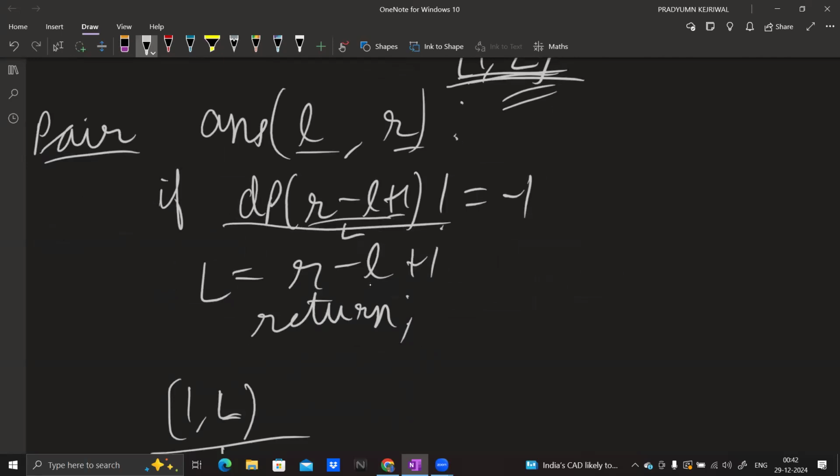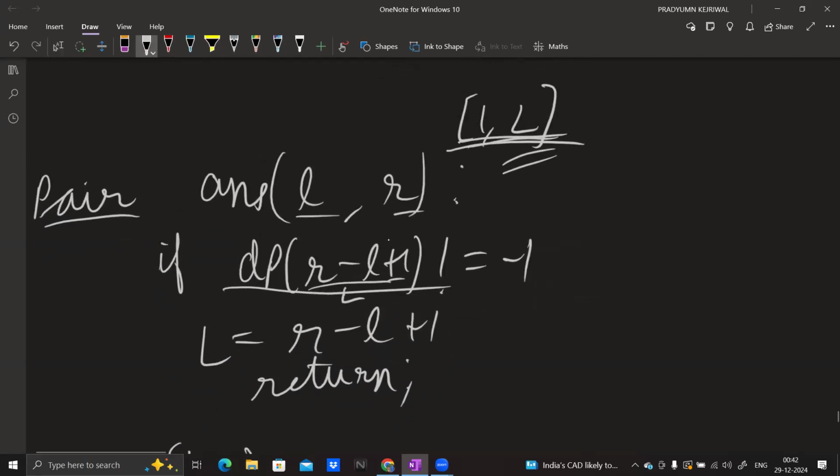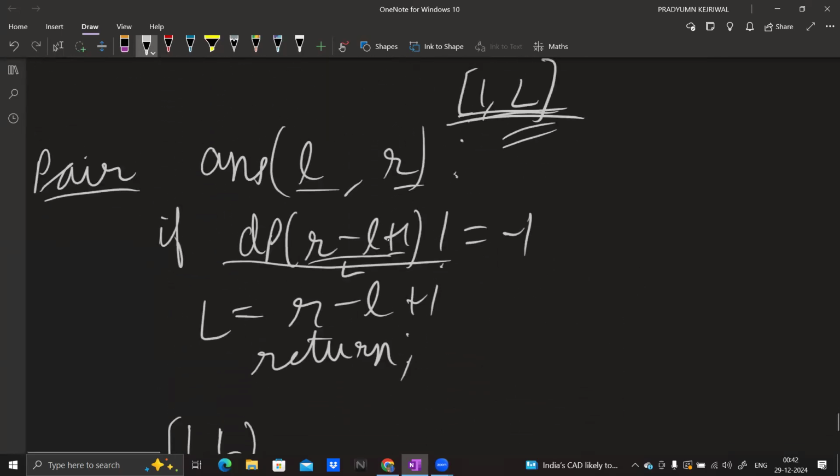The dp of L stores the answer for 1 comma L, but I need the answer for L comma R, so I'll just shift it using my method. So that's my modus operandi. First, if the answer for dp of L is already available, then I'll use it, calculate the answer for L comma R and return it.